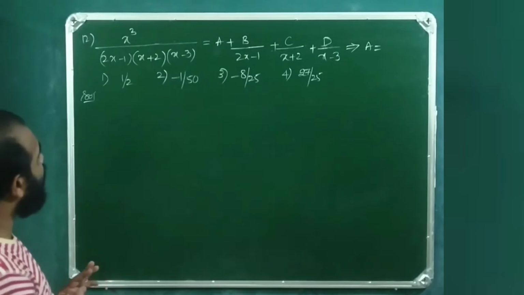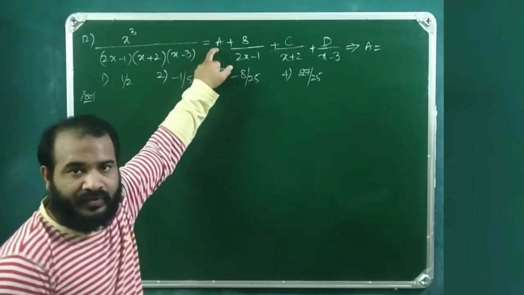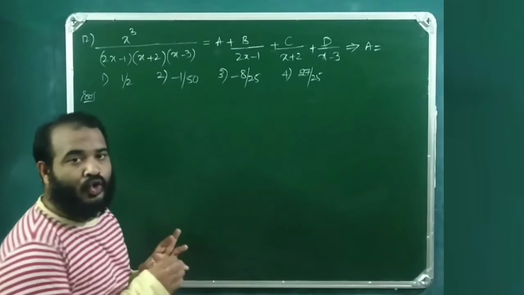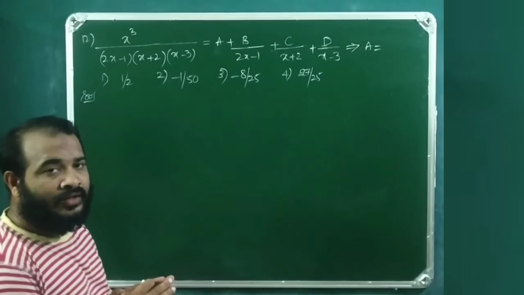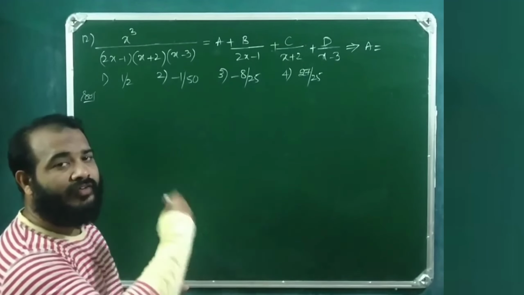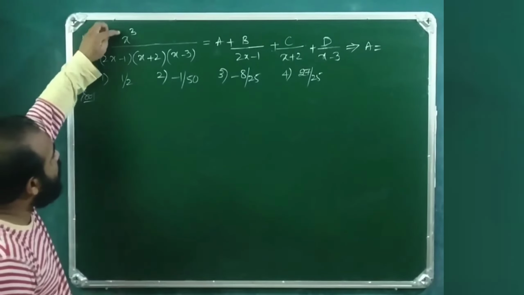So here, with k in the place of a, a is the coefficient of the highest degree term of f of x by g of x. Here the x cube quotient is 1.